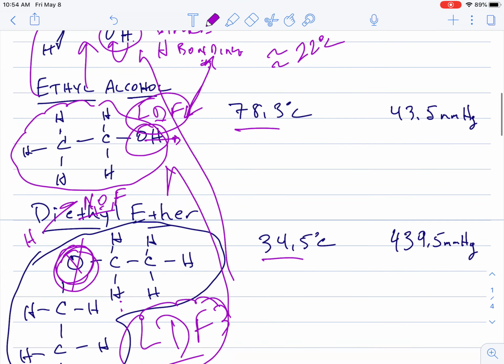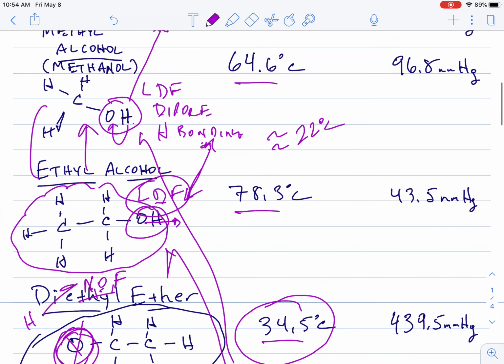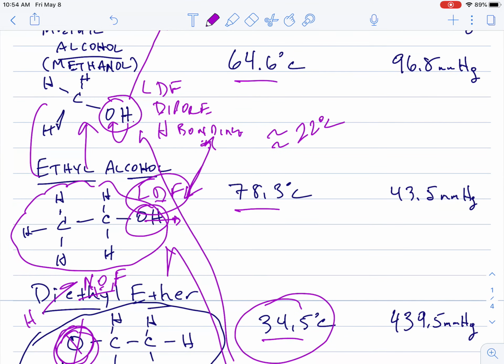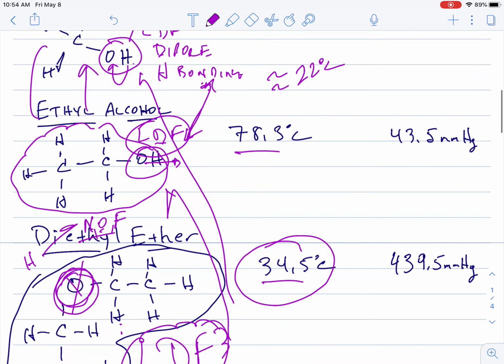Now, however, as you begin to warm them up, the diethyl ether is going to boil first. So if you had a mixture of these in a beaker and you began to boil it, your diethyl ether is going to boil off first.